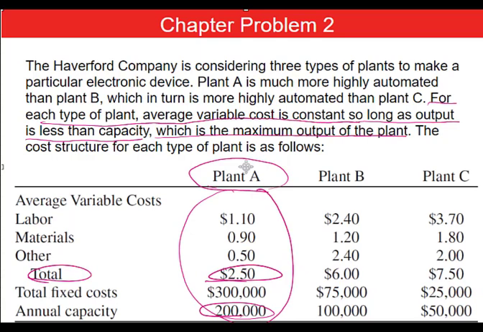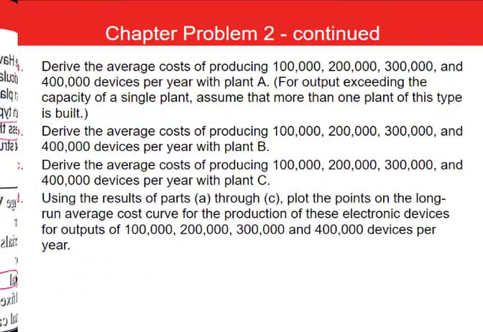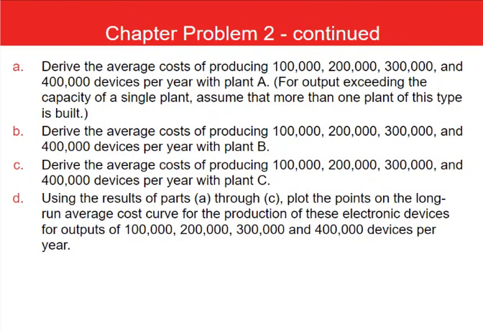So the cost structure for each type of plant is as follows. So you're given the cost structure for plant B and plant C. What about the question that follows? So question A, B, and C ask you to do the same thing for each plant. So question A, for plant A, derive the average cost of producing 100,000, 200,000, 300,000 and 400,000 devices per year.